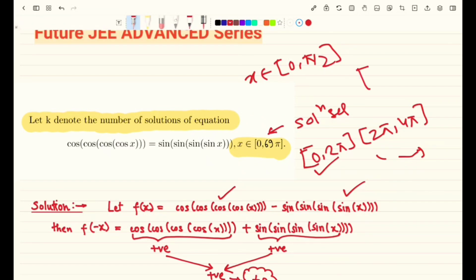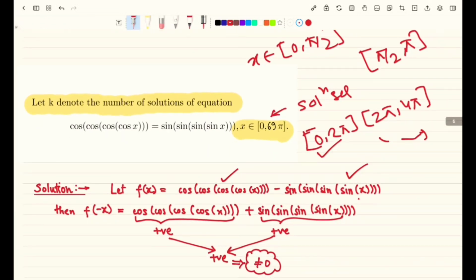Now focusing on pi by 2 to pi, the number of solutions between pi by 2 to pi: this expression becomes a positive quantity, and this expression right here is always a positive quantity, so it can give a solution.